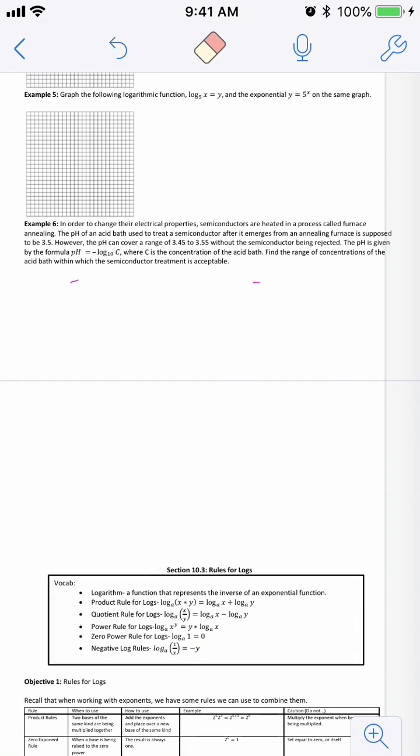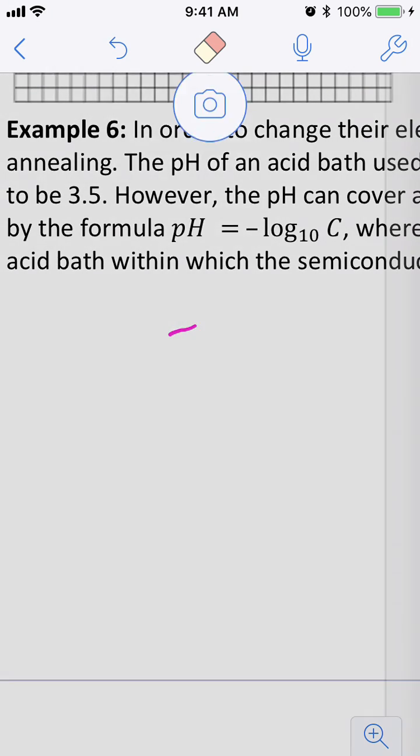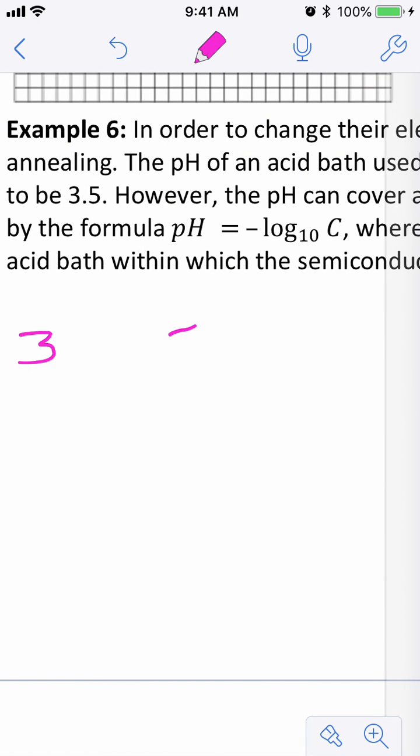Okay. So 3.45 is equal to negative log 10 of c. And we need to solve for c, right? Okay, so let's solve for c. But let's start by getting rid of anything that's not really vital right now. Negative log.